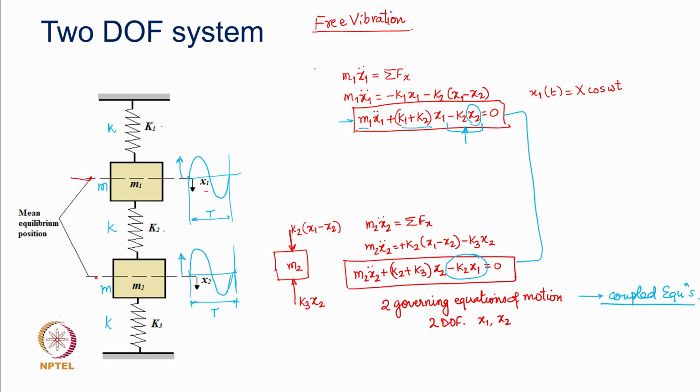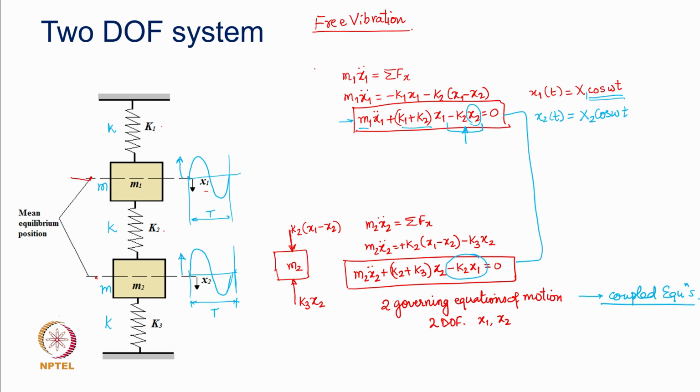Now, if we perturb these two masses like this and then the ensuing motion would be with the same period, we can therefore, as a hypothetical case, assume the solution to be with the same frequency, both of these two masses with the same frequency, but they might be of different amplitudes.